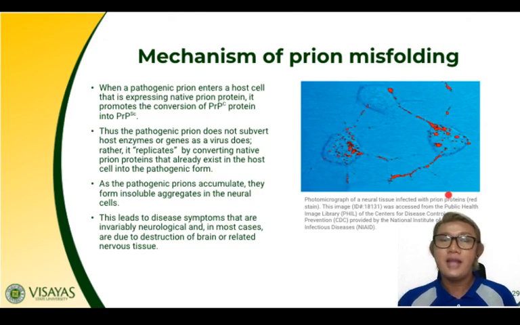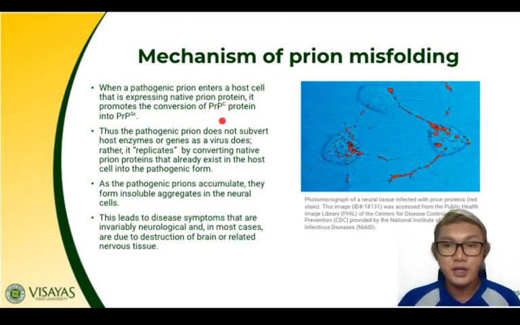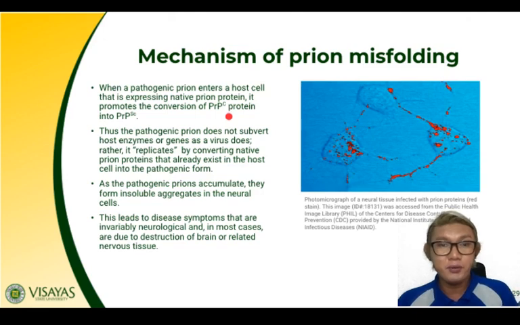What happens is that when a pathogenic prion enters a host cell that is expressing the native prion, the normal protein, the infective prion will promote the conversion of the normal protein into an abnormal protein, into a prion. That's how they will infect and cause the disease.